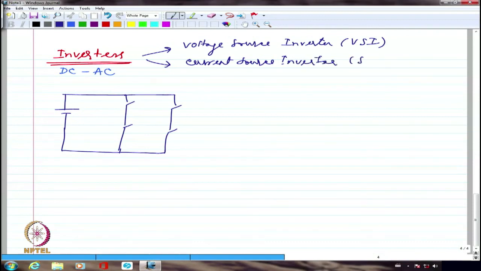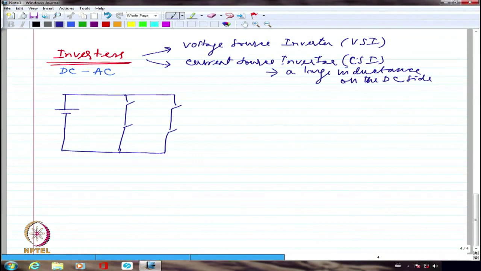So this will require a large inductance on the DC side. Similarly, I may require, as a dual, a large capacitor on the DC side as far as the voltage source inverter is concerned. If I have, for example, a diode rectifier, I will have oscillating voltage.